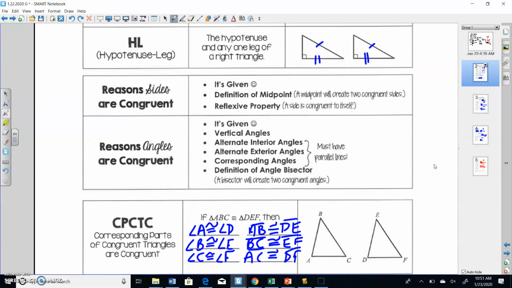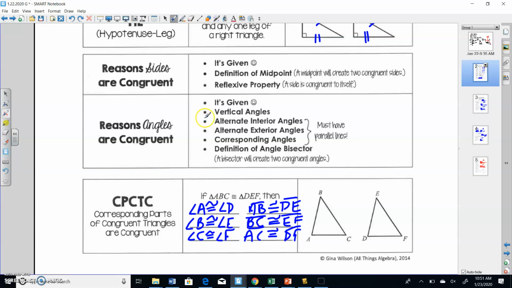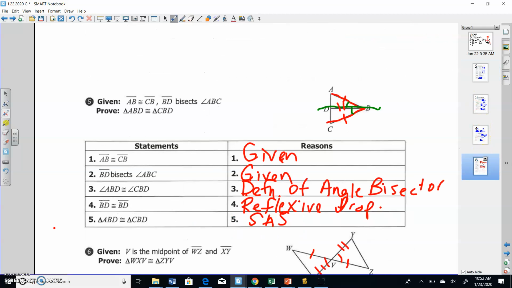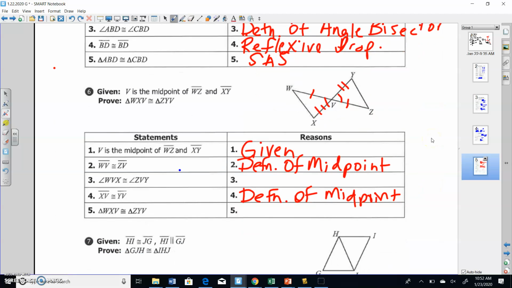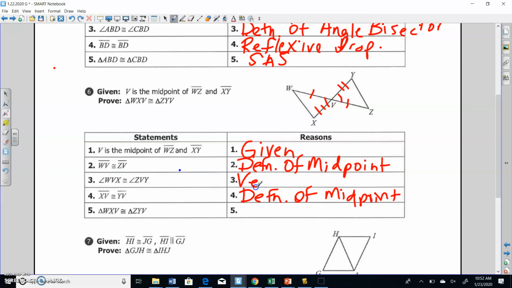Remember, when we're talking about reasons angles could be congruent, it's either because it's given. Do we get information in the given that says those two angles are congruent? No. Are they vertical angles? They are, aren't they? So our reason for being able to say that those two angles are congruent is vertical angles.